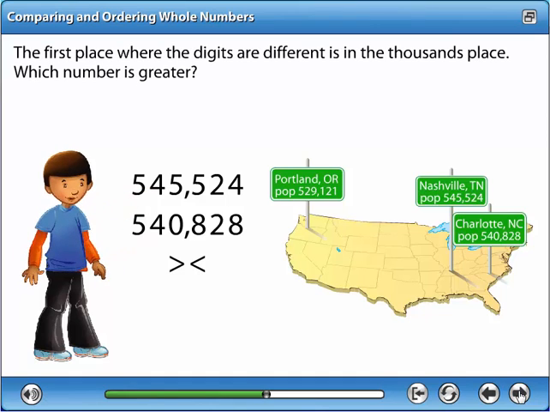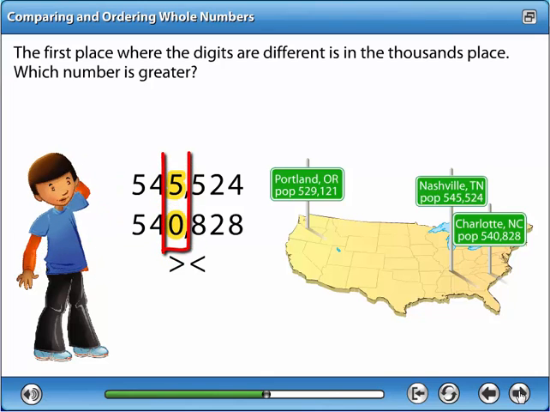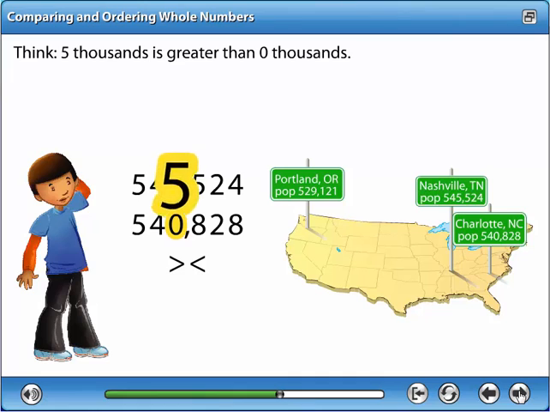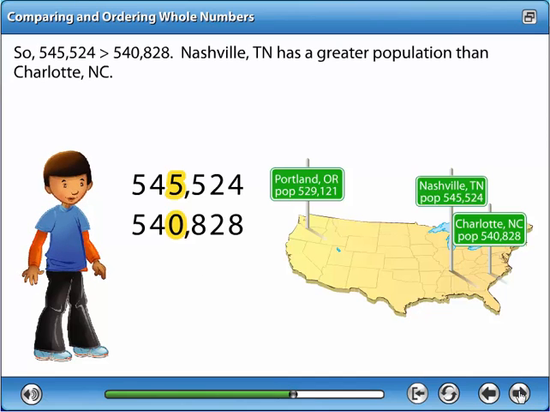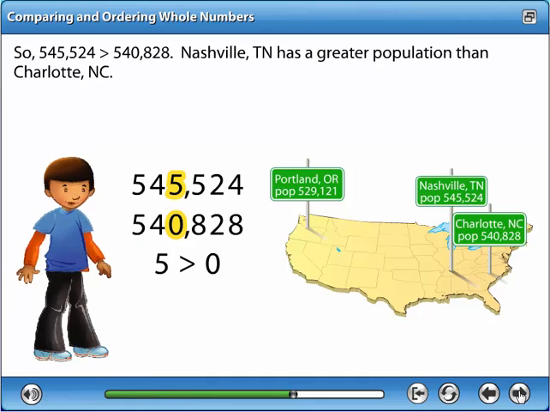The first place where the digits are different is in the thousands place. Which number is greater? Think. 5 thousands is greater than 0 thousands. So, 545,524 is greater than 540,828.